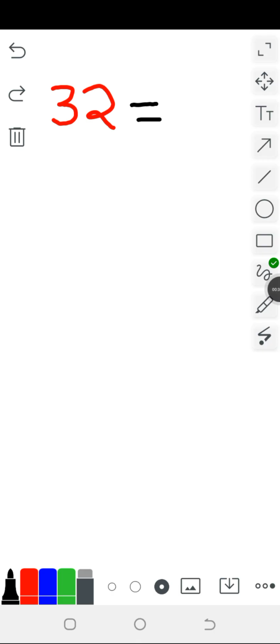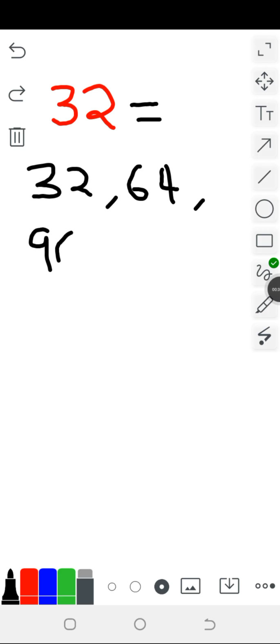Now let's go. The multiples of 32, we say 32 times 1 is 32. That is the first multiple. 32 times 2 is 64. The second multiple. 32 times 3 will give us 96. The third one.